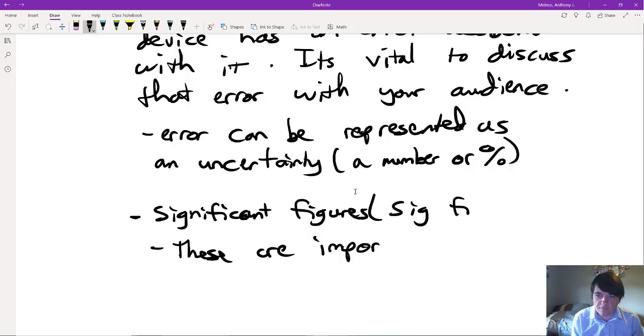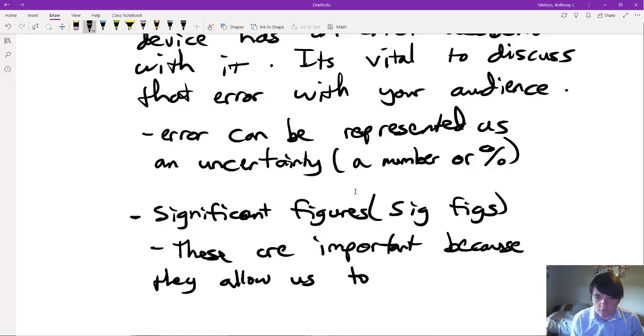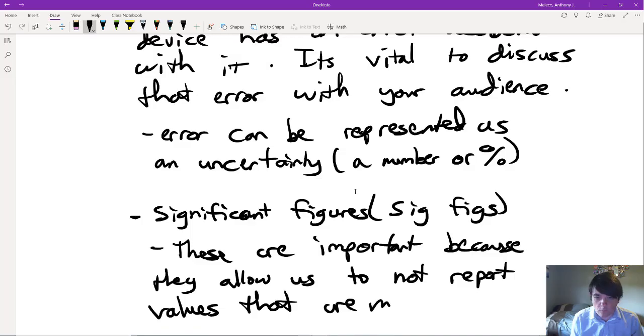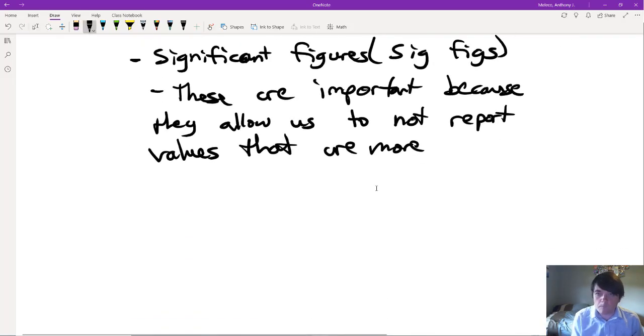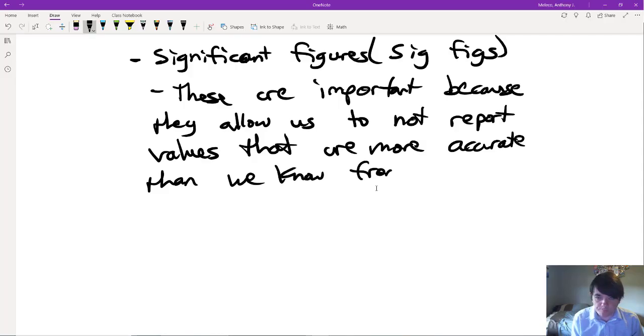Or sig figs. These are important because they allow us to not report values that are more accurate than we know from the device, okay?